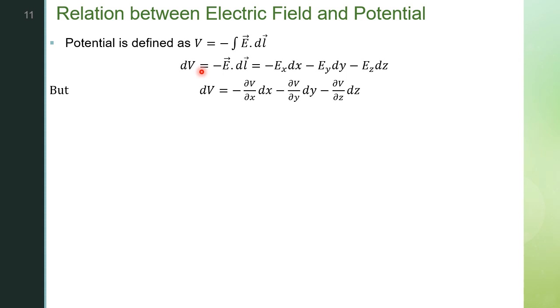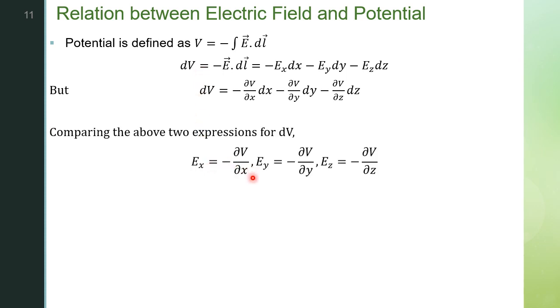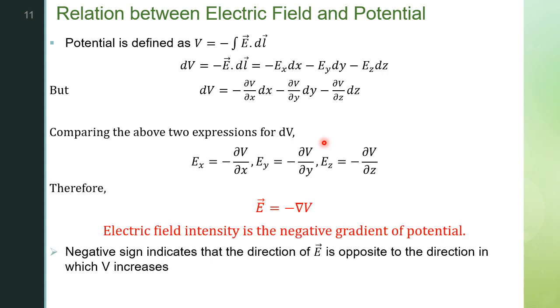If we compare the two equations, we get Ex as minus dou V by dou x, Ey as minus dou V by dou y, and Ez as minus dou V by dou z. So it is the first order derivative of the potential along each direction. Therefore, electric field intensity is minus del V.